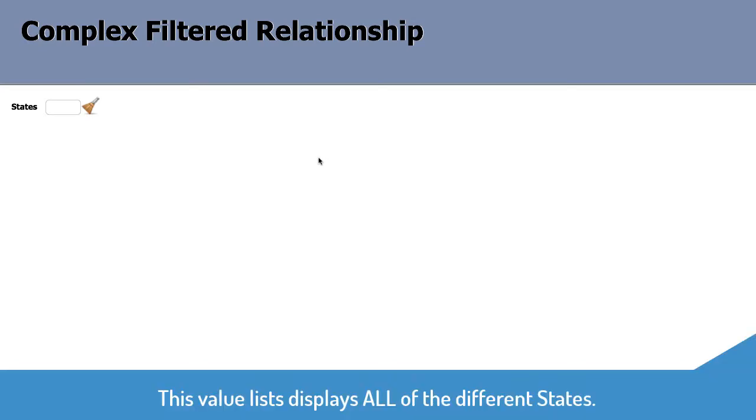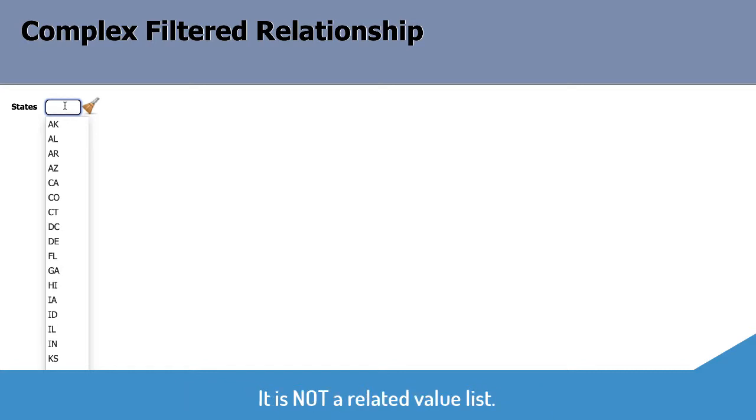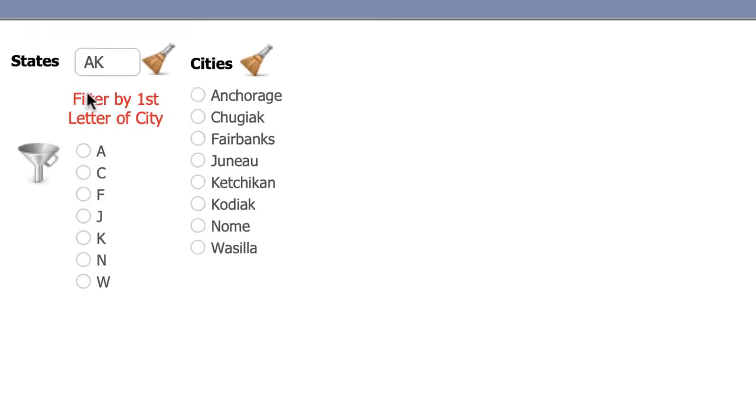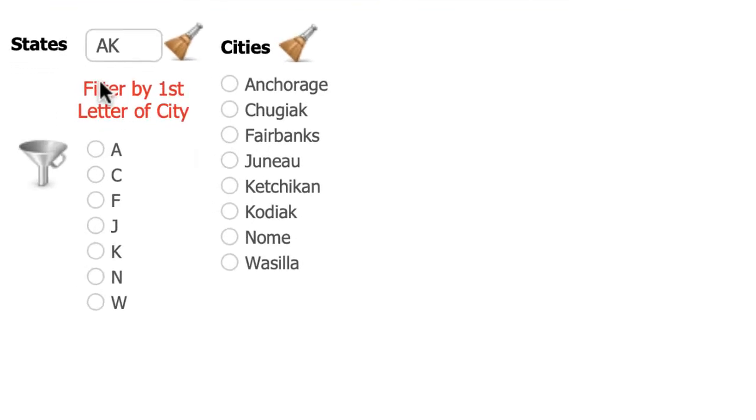So let's start. First thing we do is we have a field here called states, and this uses all the different states for all the 5,000 records. So it's not a related value list, it's just all the unique options within that list. Let's select Alaska, and the moment we do so, we see all of the cities within Alaska, and we see the index, the first letter of each city.